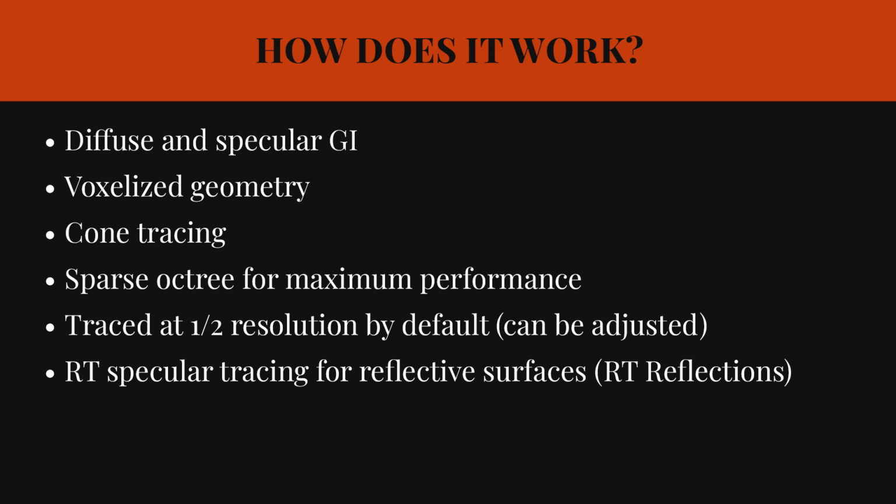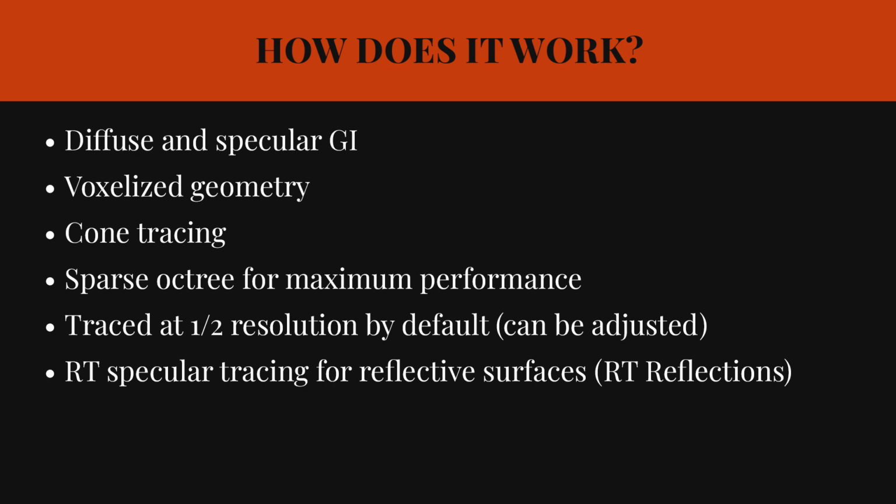By default, GI is traced at half resolution, and that's adjustable. This is one of the primary levers we give you for balancing quality against performance. Global illumination, by its nature, is low frequency. It doesn't need the same pixel-perfect precision as your primary geometry or your direct lighting. So by default, Voxel GI computes its diffuse and specular indirect lighting at half the screen's native resolution, then upsamples intelligently to full resolution before compositing.